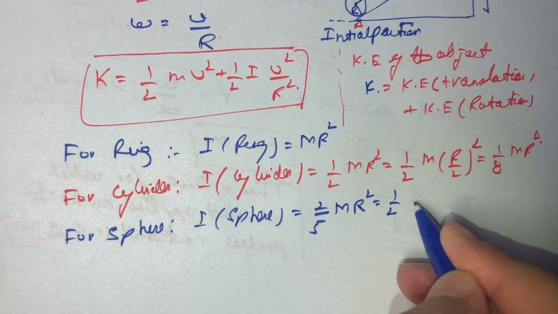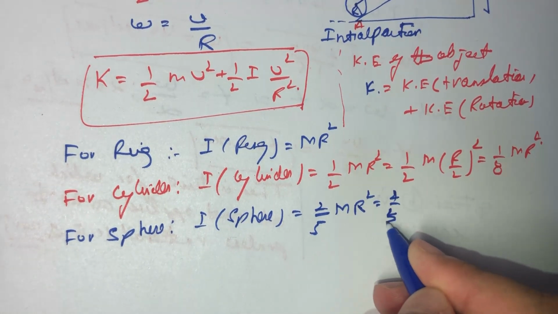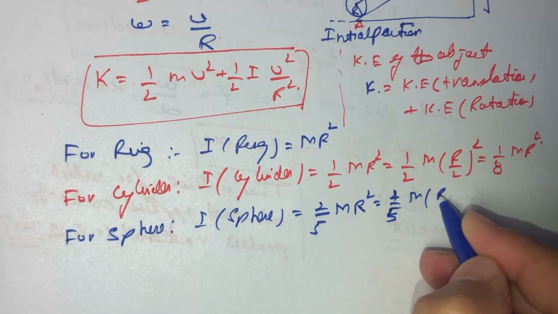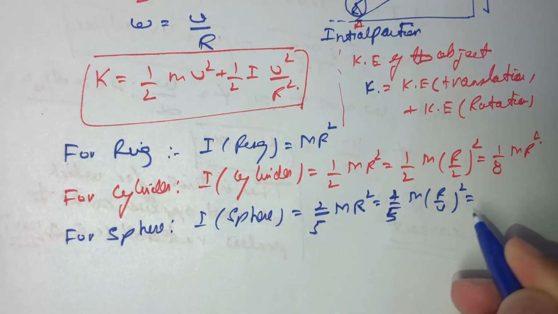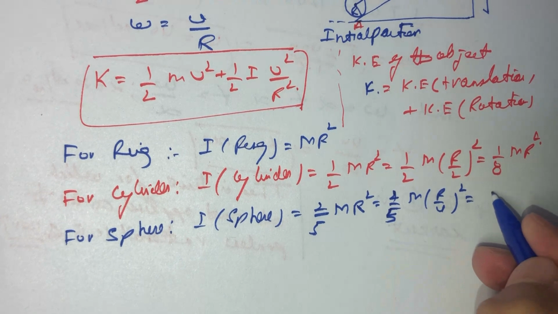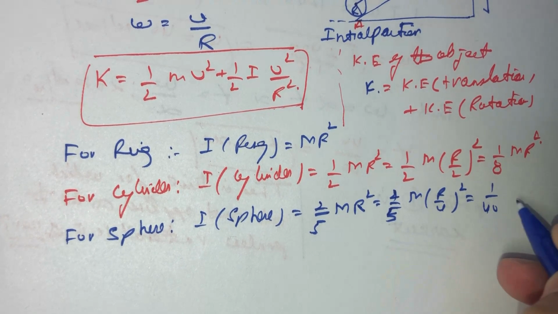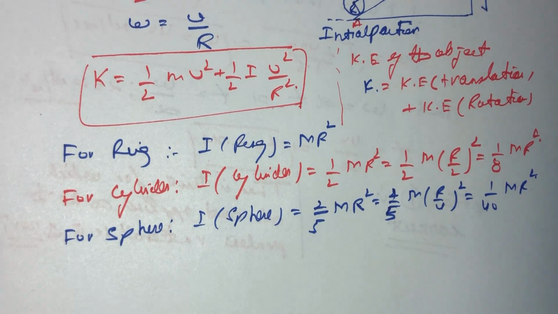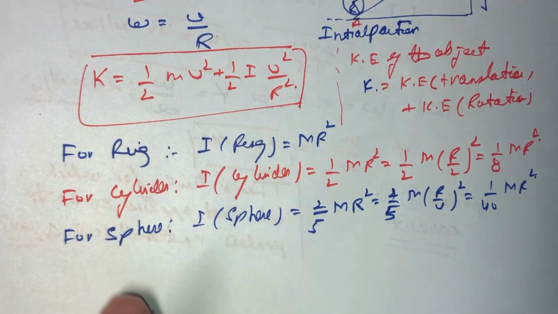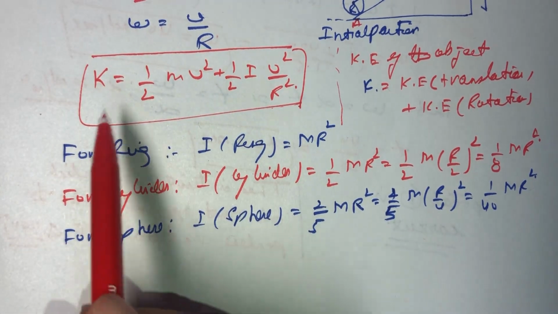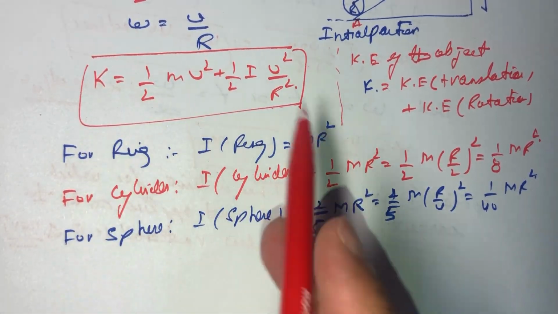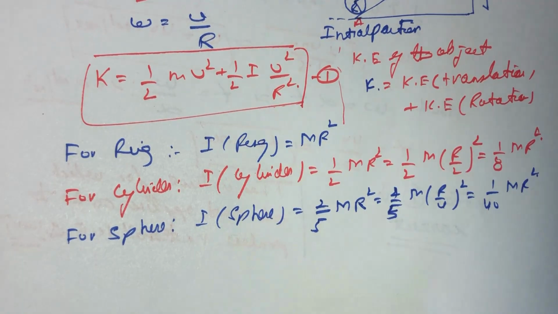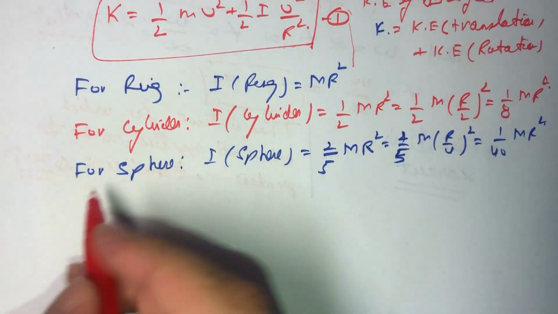So we get 2 by 5 m, r by 4 whole square, and this will come as 1 upon 40 mr square. Therefore, now we have found the moment of inertia. So respectively, now we can find out using this equation their respective kinetic energy.